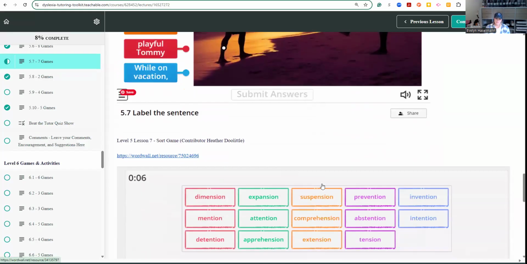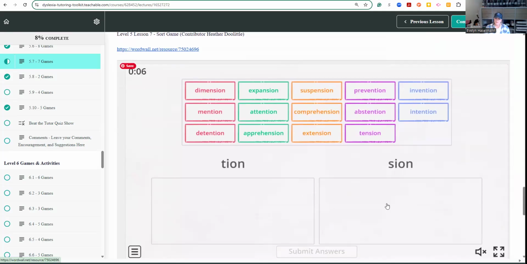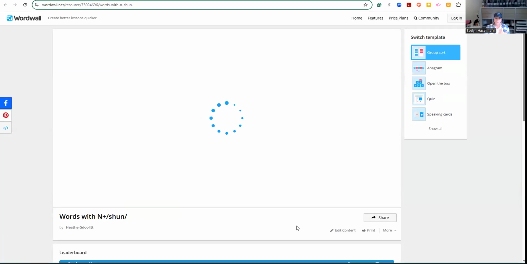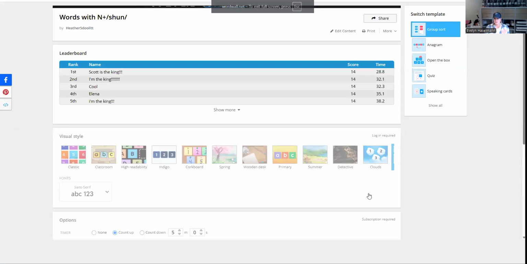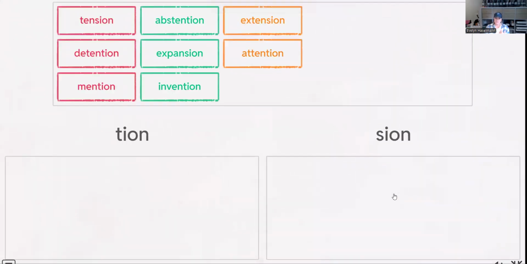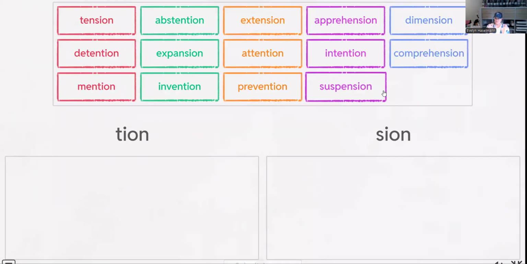This is working on phrases. This is a quick one that obviously somebody was struggling with, probably mapping the words that come after the letter N with shun. And this tutor probably developed this so that the students could really see that it is kind of a 50-50 split between the two.